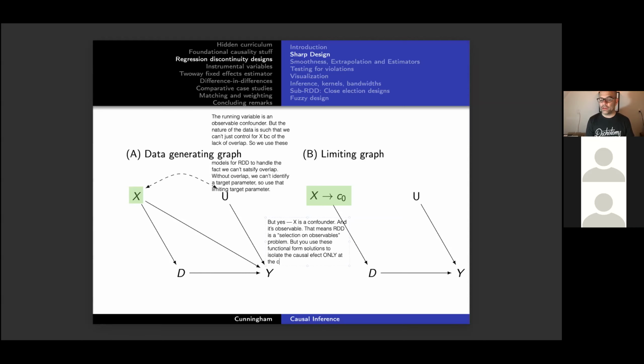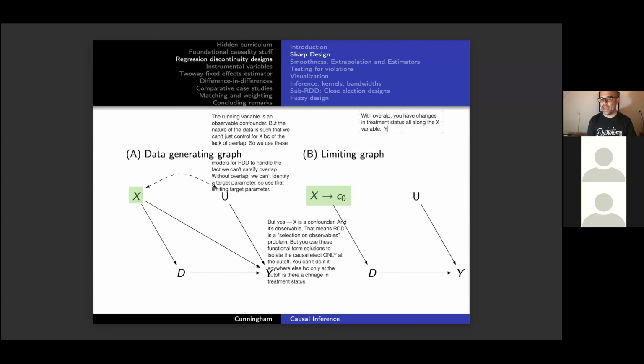Only at the cutoff. Can't do it anywhere else because only at the cutoff is there a change in treatment status, right? Whereas ordinarily with overlap, you have changes in treatment status all along the X variable.